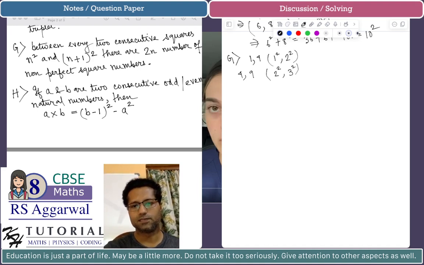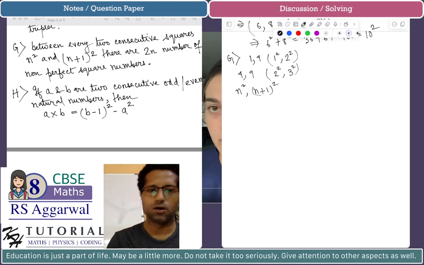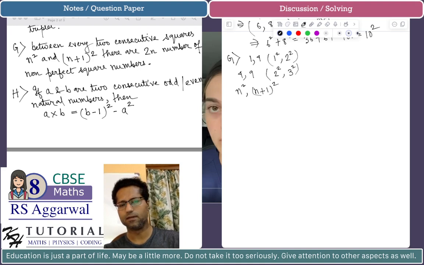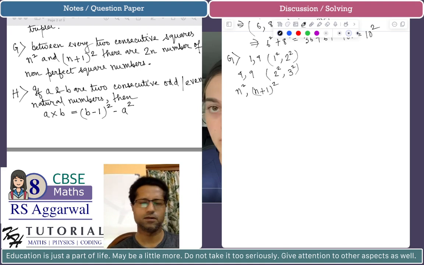So n square and n plus 1 square are two consecutive squares, where n is a natural number. For any value of n, n square and n plus 1 square will be two consecutive squares.